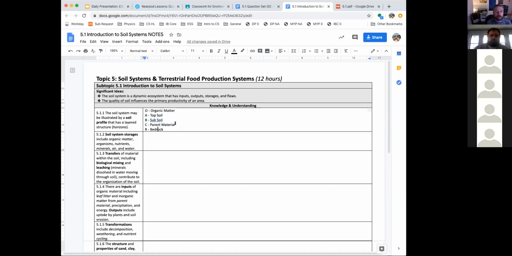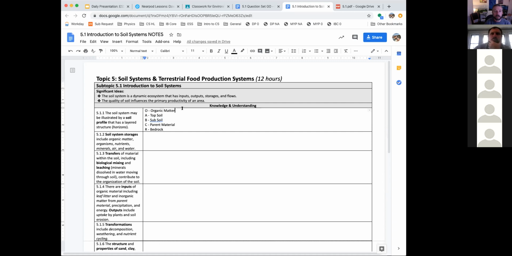We know that air can be trapped and stored throughout. And you know that bedrock is a great source of minerals, but it's not available to anything organic, to anything living, until it gets up to that topsoil or subsoil. We know that there are transfers of material, all sorts of mixing and leaching.